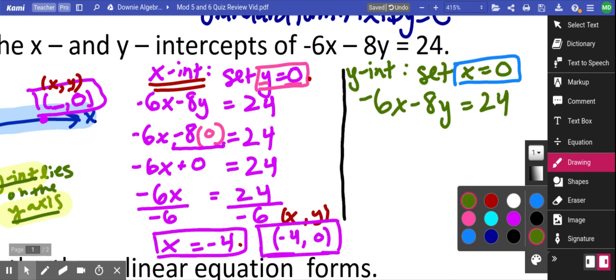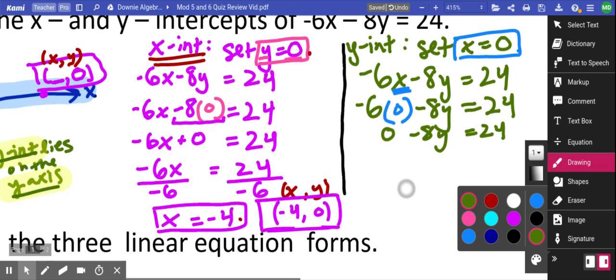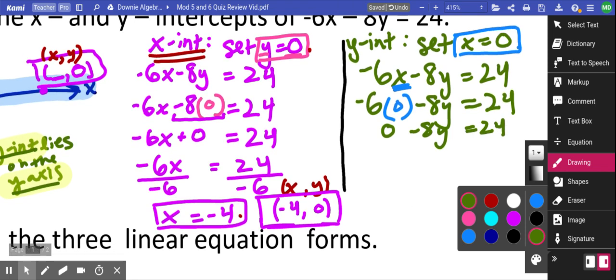So what does that look like? I bring down my negative 6. Here is my x. I now change it to 0. And I bring down everything else, negative 8y equals 24. Let's simplify. Negative 6 times 0 is just a 0. Bring down everything else, negative 8y equals 24. We know that 0 minus 8y is just a negative 8y.